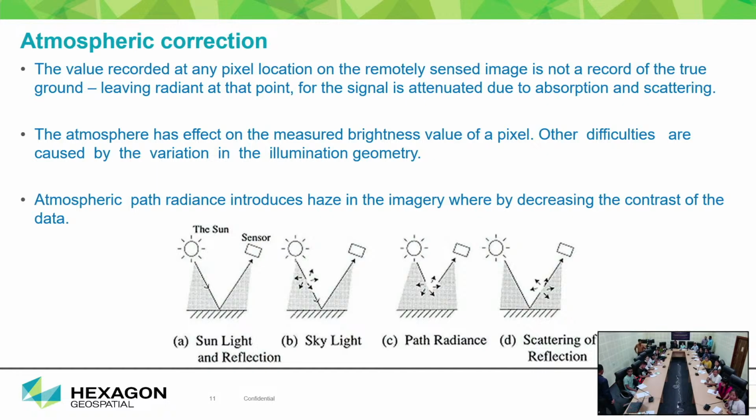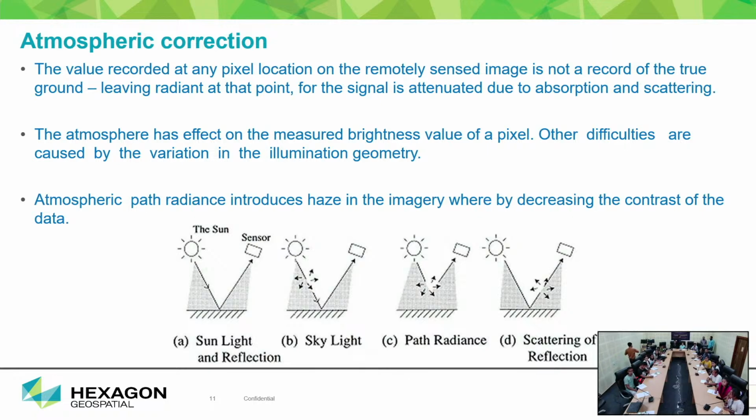The sun is the only universal illuminator. The sun rays are used to illuminate the ground features, but they come through the atmosphere. So whatever sun rays reach the ground, it is not 100%.